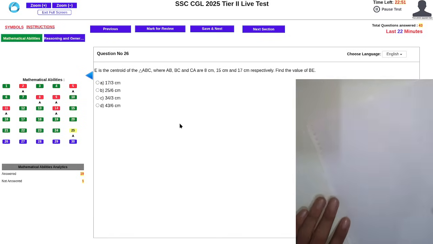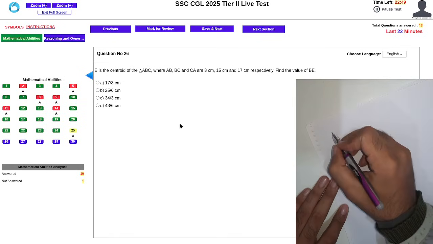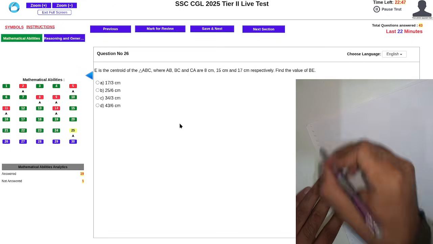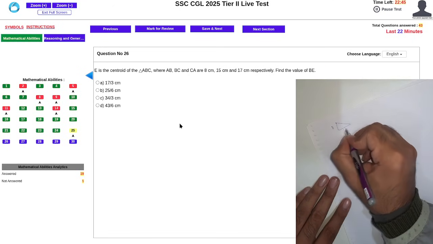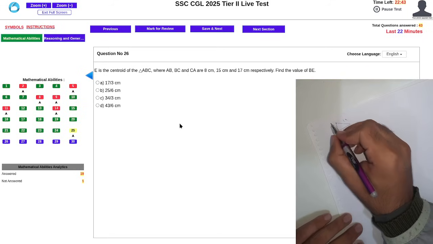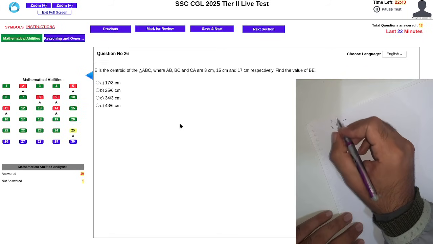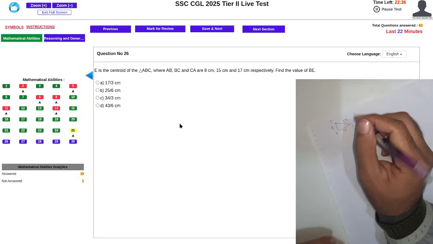अगर 8, 15, 17. Find the value of b. E centroid है.